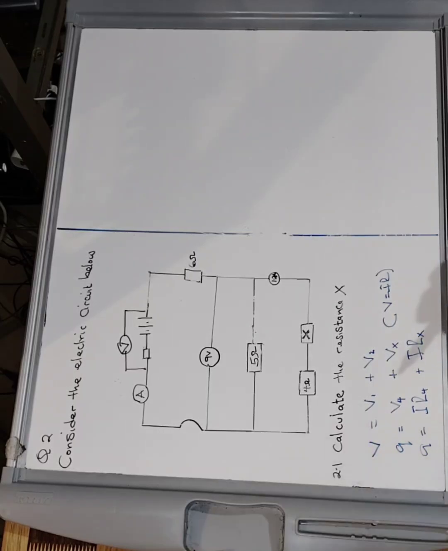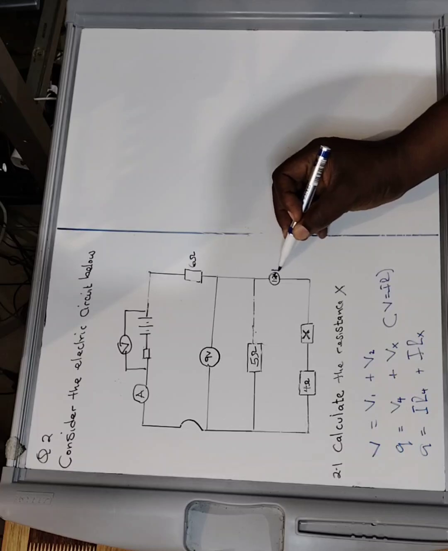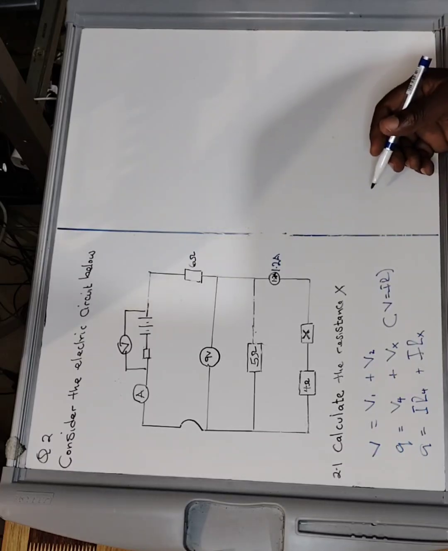In this circuit, we know the current through here is 1.2 ampere.